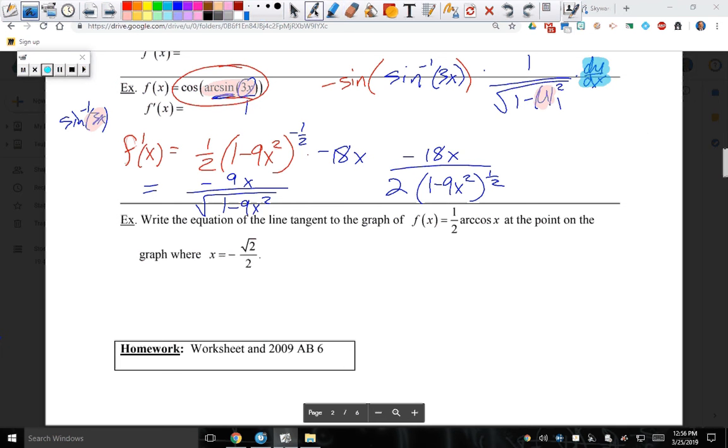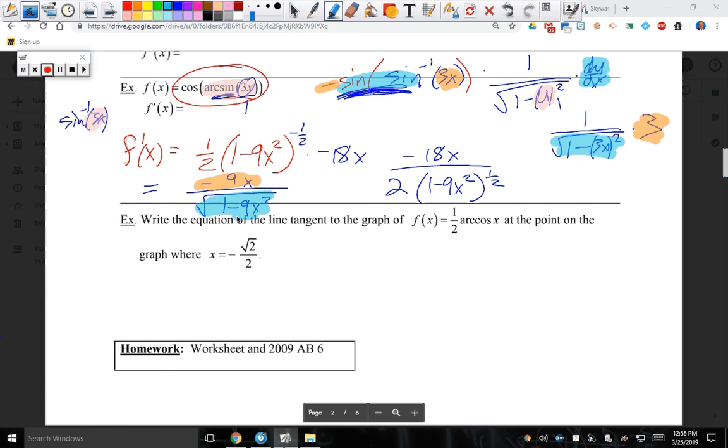Right now it doesn't feel like it's easier because you haven't memorized it yet. It would be 1 over the square root of 1 minus 3x squared, times 3. Then, because those two cancel, you multiply that with a negative 3x. So negative 3x times this 3 gives you that negative 9x. And then you still have this in the denominator simplified. You get that.